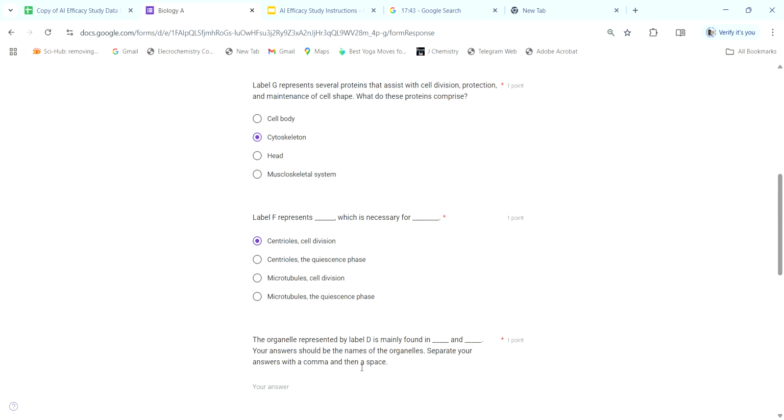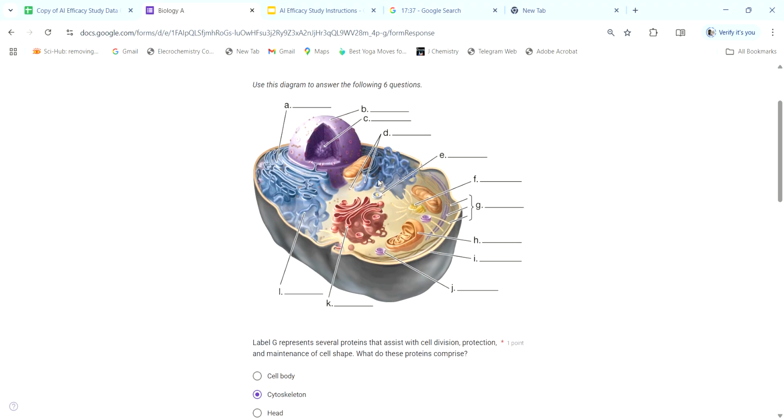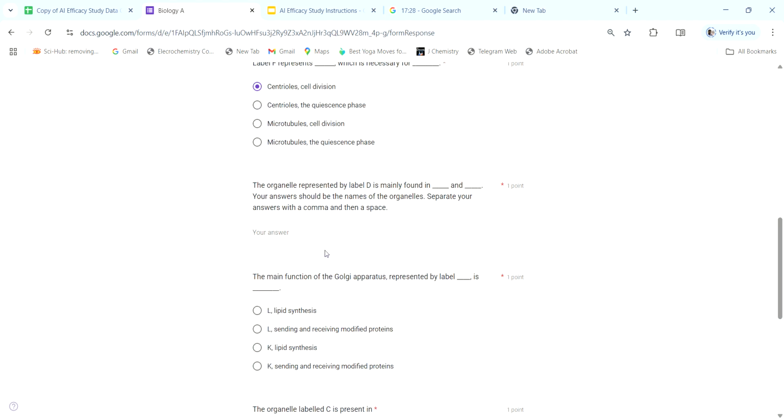Okay, so level D is here, so there is some rough part and also some smooth parts. So I think it will be rough endoplasmic reticulum, and it remains in cytoplasm.